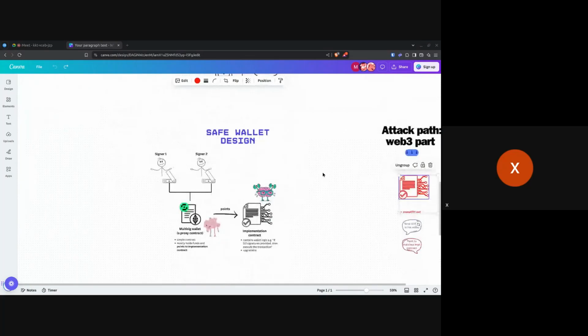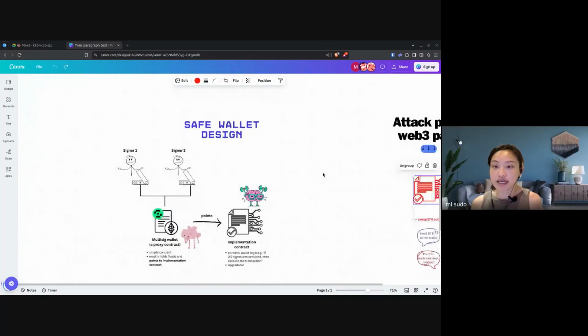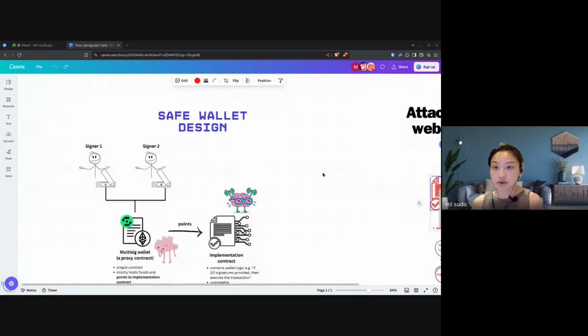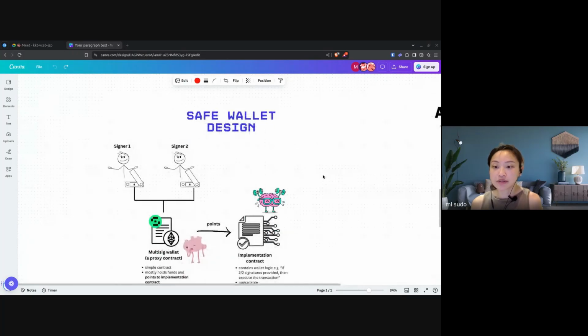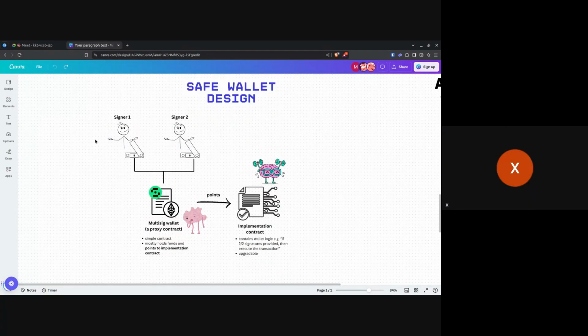Hello. To explain what exactly happened on the Web3 attack path, we do need to explain the design of the Safe wallet. At a high level, the Safe is a smart contract wallet.